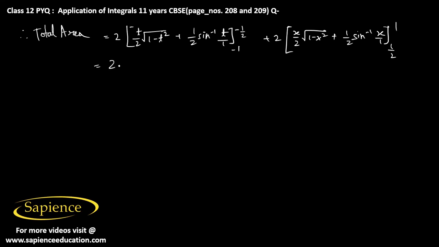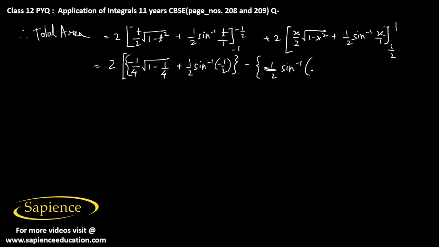Now we will do 2 times, if we put minus half here, we will get minus 1 by 4 times square root of 1 minus 1 by 4, plus half sine inverse minus half, minus, if I put minus 1 here, the first term will become 0, so this will become 1 by 2 sine inverse minus 1.